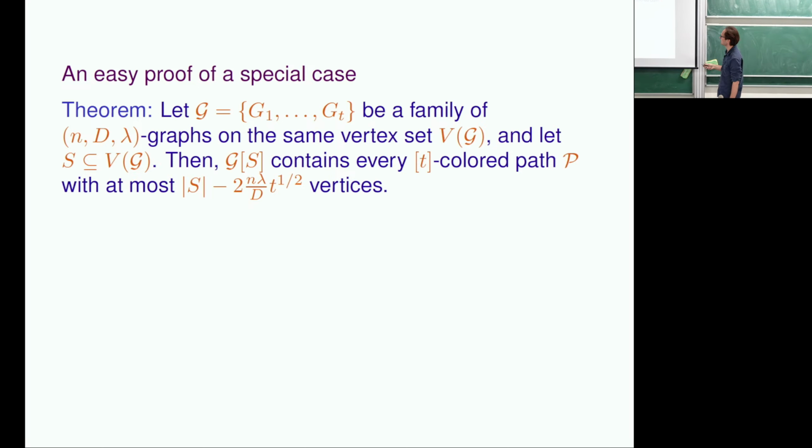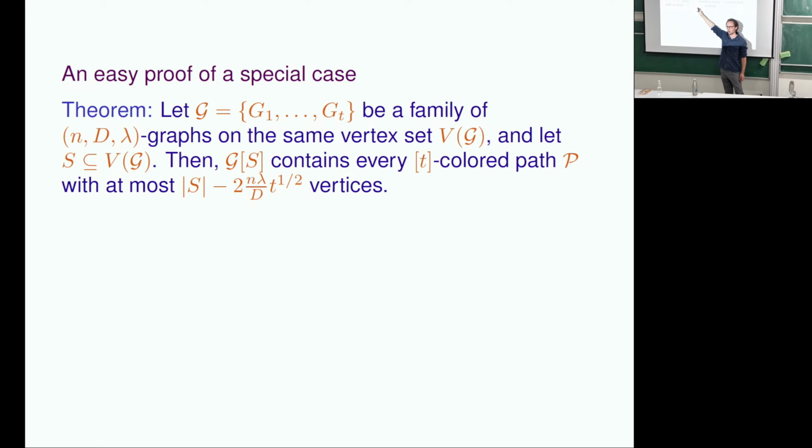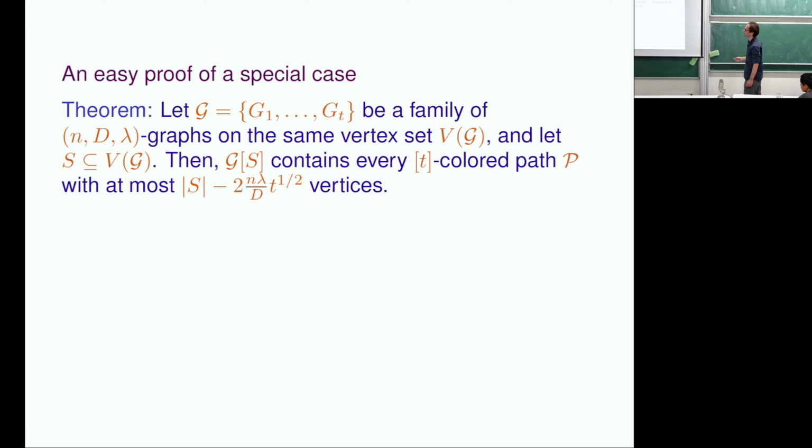Then the induced subgraph on S contains every t-colored path with at most S minus 2 times n lambda over d times t to the 1/2 vertices. And n lambda over d is q to the (d plus 1) over 2 in our setting, or 2 times q to the (d plus 1) over 2.